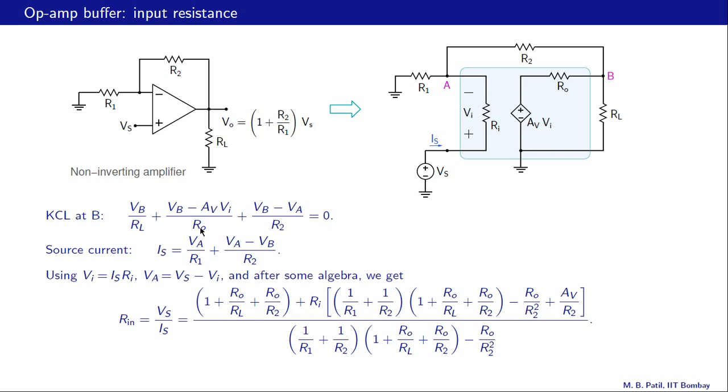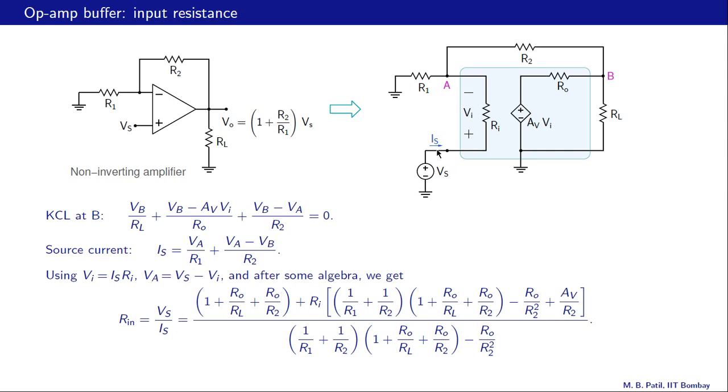So we have four equations, 1, 2, 3, 4, and we have four unknowns. What are the unknowns? VA, VB, IS, and VI. And remember, we are treating Vs as a known quantity. So we have four equations and four unknowns. We can solve these and obtain Is.